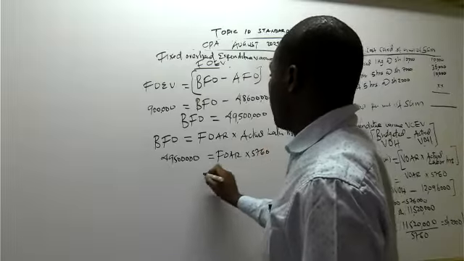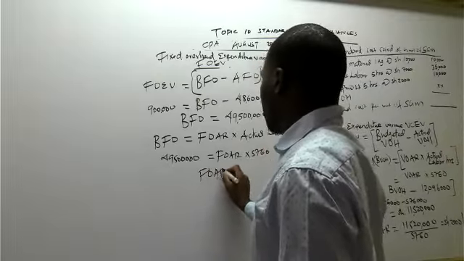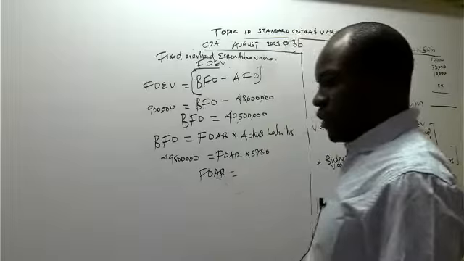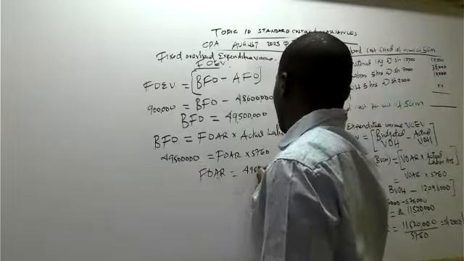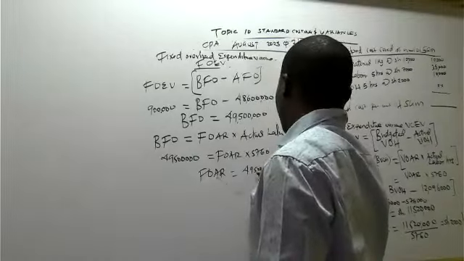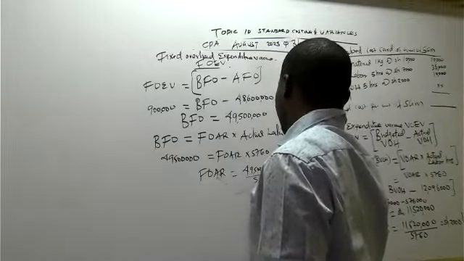5,760. So let's look for the fixed overhead absorption rate. I take the whole of this and divide by 5,760.